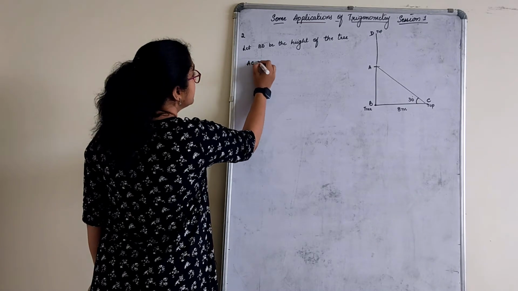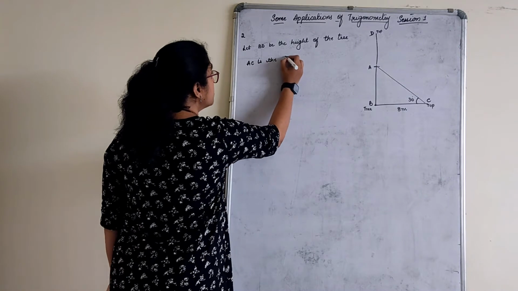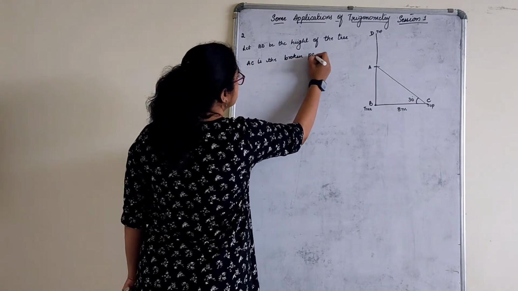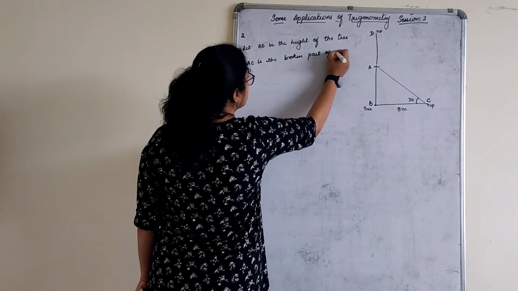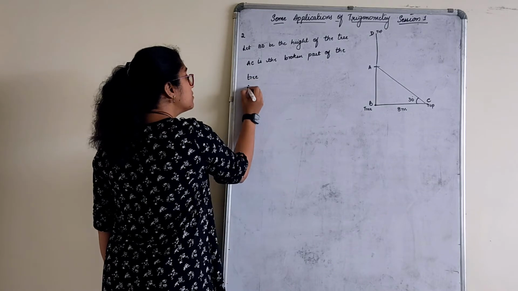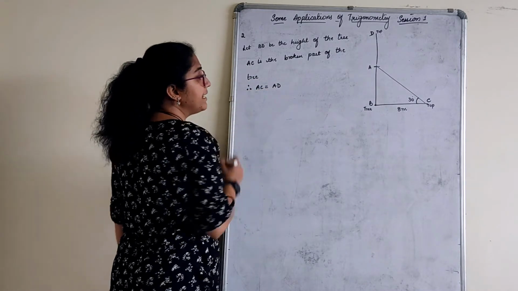Then AC is the broken part of the tree. Therefore, AC is equal to AD.